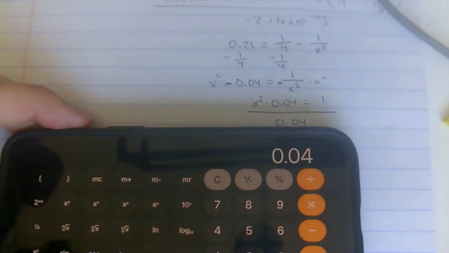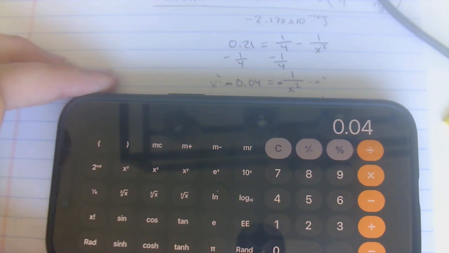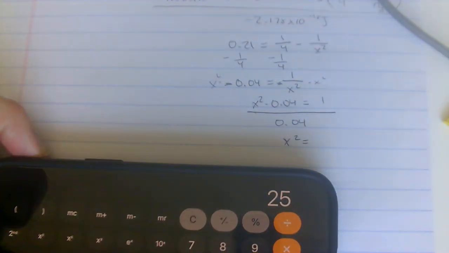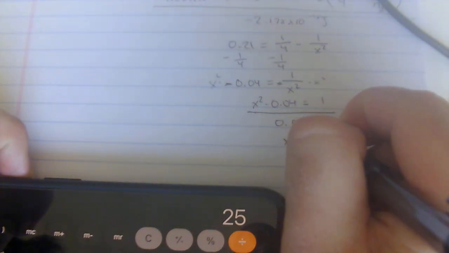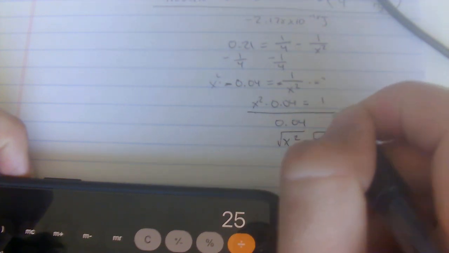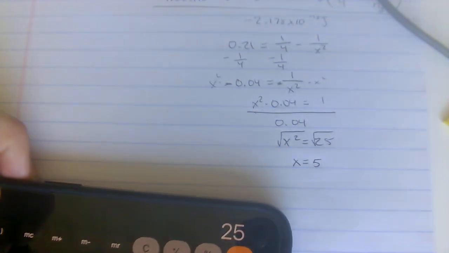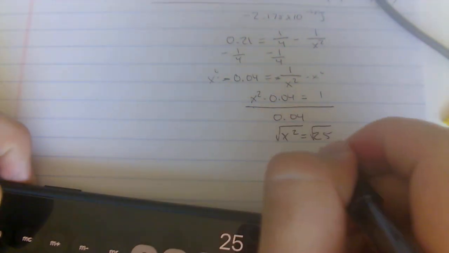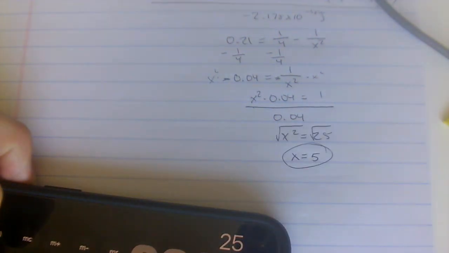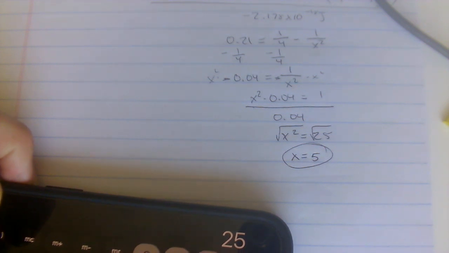But there's a cool little button on your calculator if you didn't know, it's just 1 over x. So it's going to be 25. So x squared equals 25, square root both sides. And hopefully you know the square root of 25, so x equals 5. So that is your transition state right there. You're coming down from n equals 5 to n equals 2.